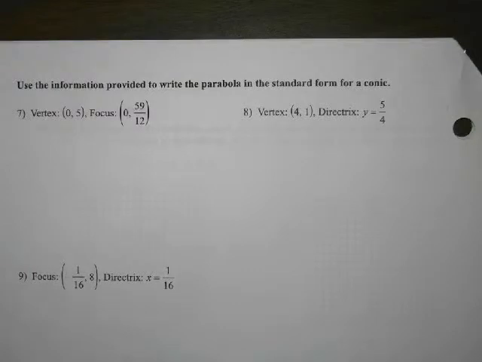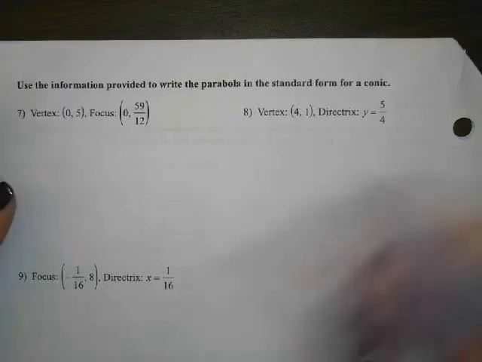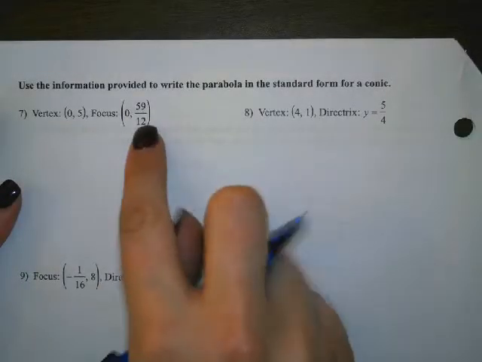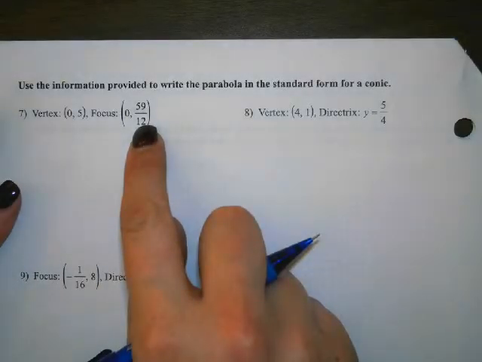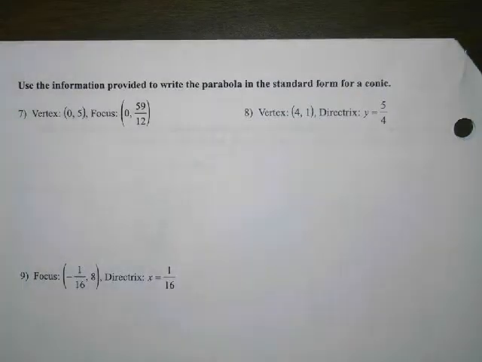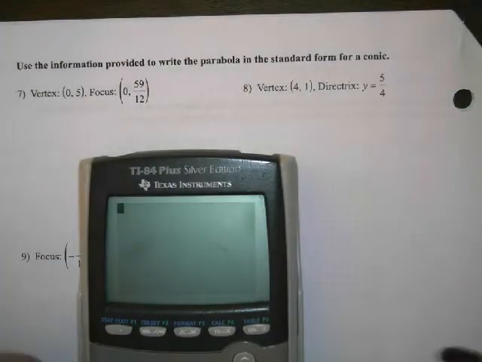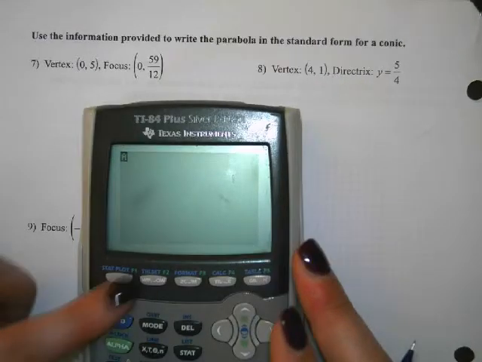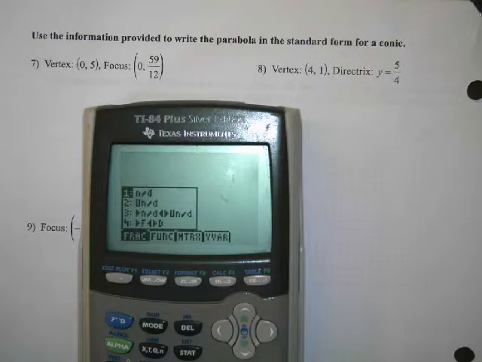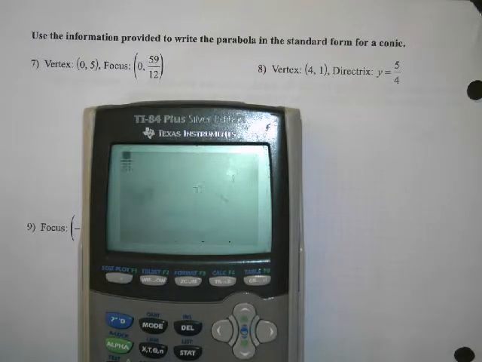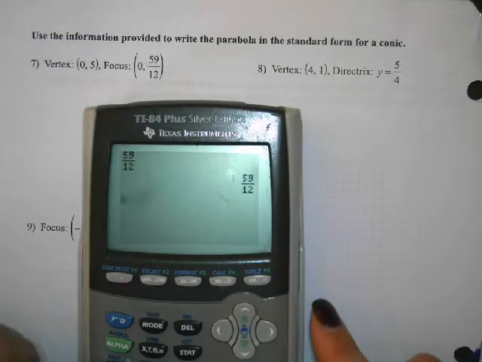So, shall we just start at the beginning? Let's maybe write this as a mixed fraction instead. So here's what we're going to do. Go ahead and hit alpha y equals, and number 1, and we're going to type in 59/12.